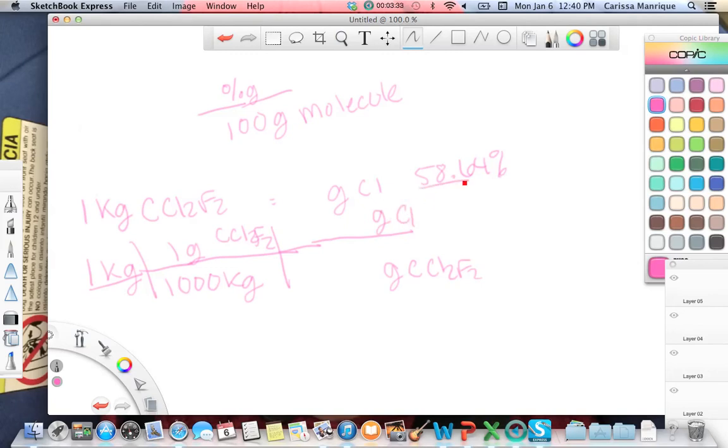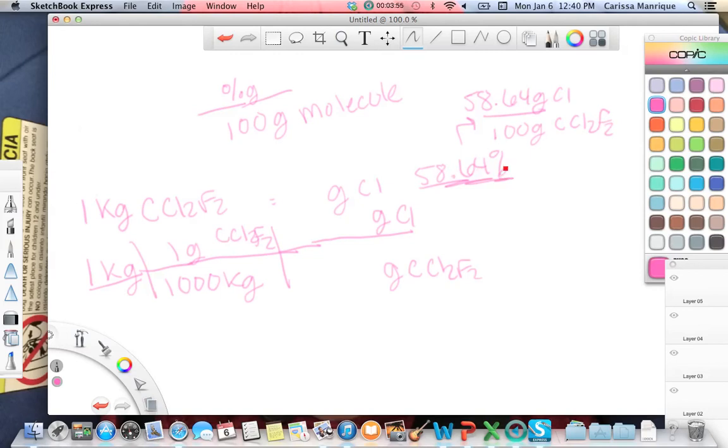We use the percent. This percent is like saying there are 58.64 grams of chlorine in 100 grams of CCl2F2, right? Because what is a percent? It's 58.64 over 100, right?